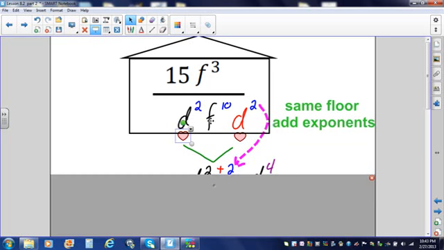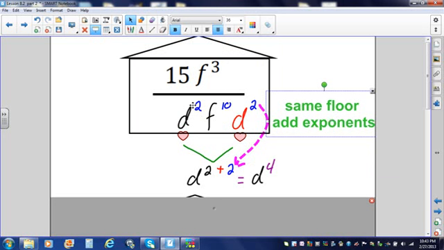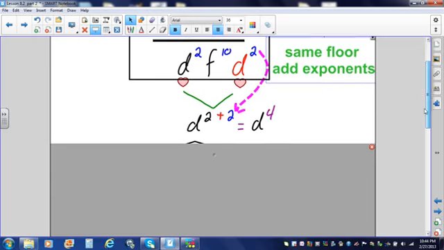Now you might be thinking, can I add the F with the D? What? No, you cannot add the F with the D because it is not the same base. Same floor, I'm going to add my exponents. So I'm going to add 2 and 2. That gives me D to the 4th.